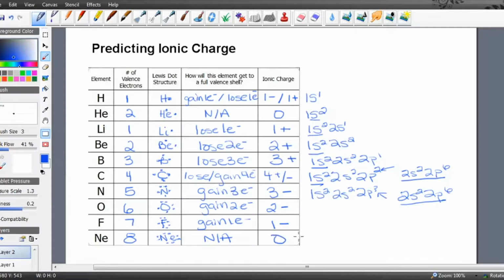It will not make an ionic charge because, hello, look at these electron configurations we were trying to get to, right? 1s2, 2s2, 2p6. This electron configuration that nitrogen and oxygen and fluorine were all trying to get to by gaining electrons is, in fact, neon's electron configuration. So neon certainly doesn't need to do anything in order to get stable.